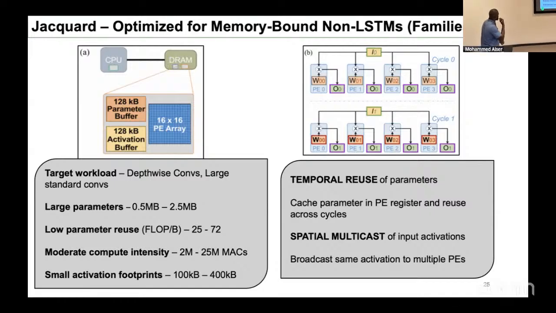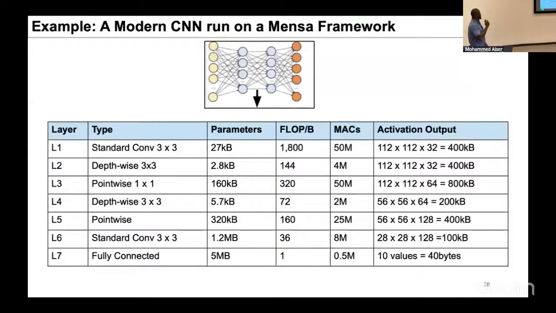The idea here is that, just like before, the same input activation is broadcast to all the different processing elements, and the weight is held inside of the processing elements. But in this case, the same output activation is accumulated across the cycles.